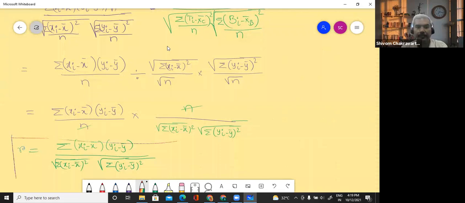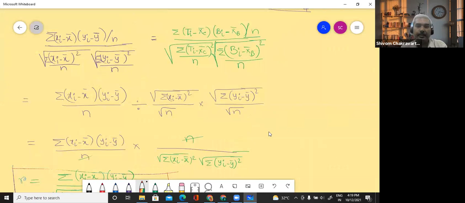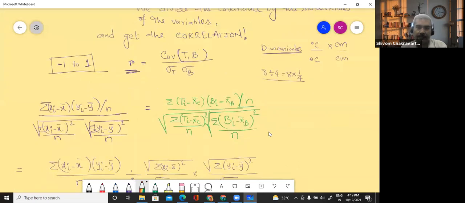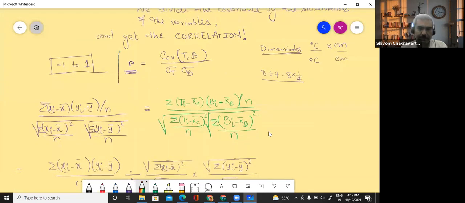In concise notation, it is basically the same, and this is much easier to remember: covariance of the two variables divided by the standard deviation of each of those variables.